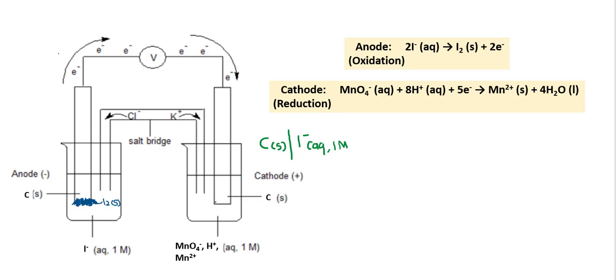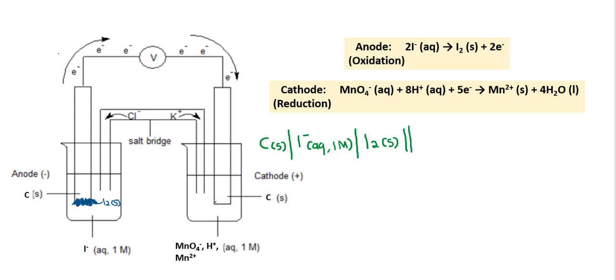And then it forms iodine solid, so from aqueous to solid we use again a phase boundary. So we have iodine solid, and these two are in our anode half cell. So we separate these two half cells by a salt bridge.